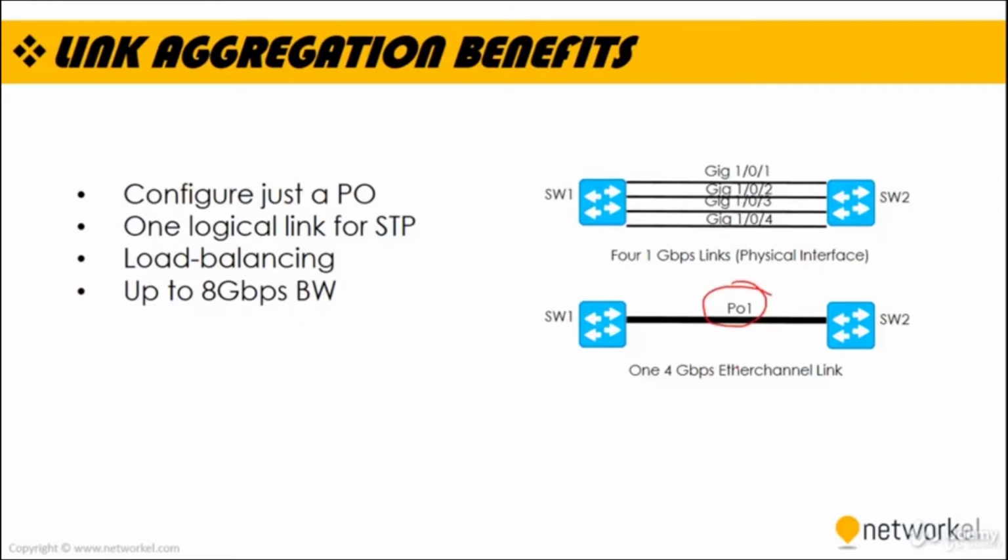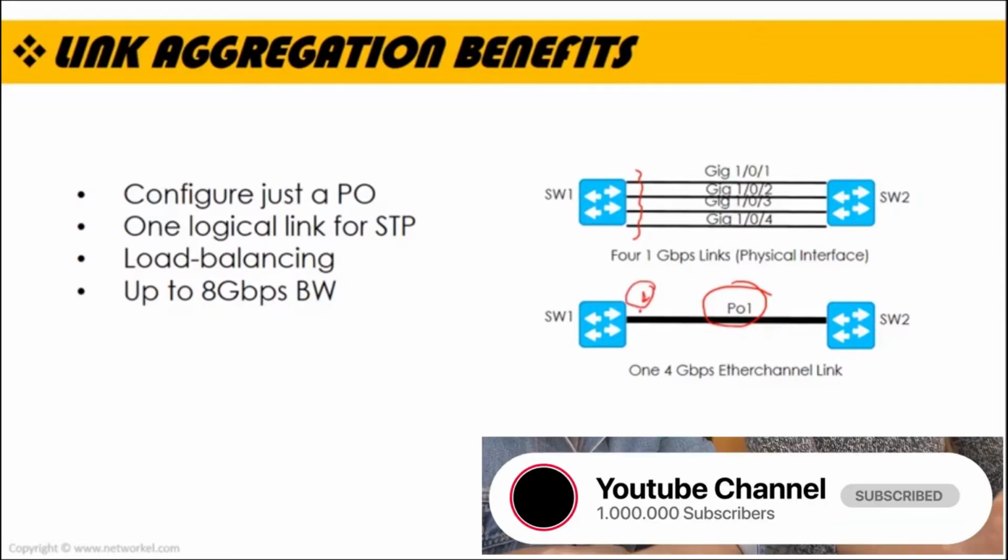First, you configure just a PO port channel interface instead of configuring 4 separate links, as you can see in here. Secondly, EtherChannel is just one logical link for STP, spanning tree protocol.